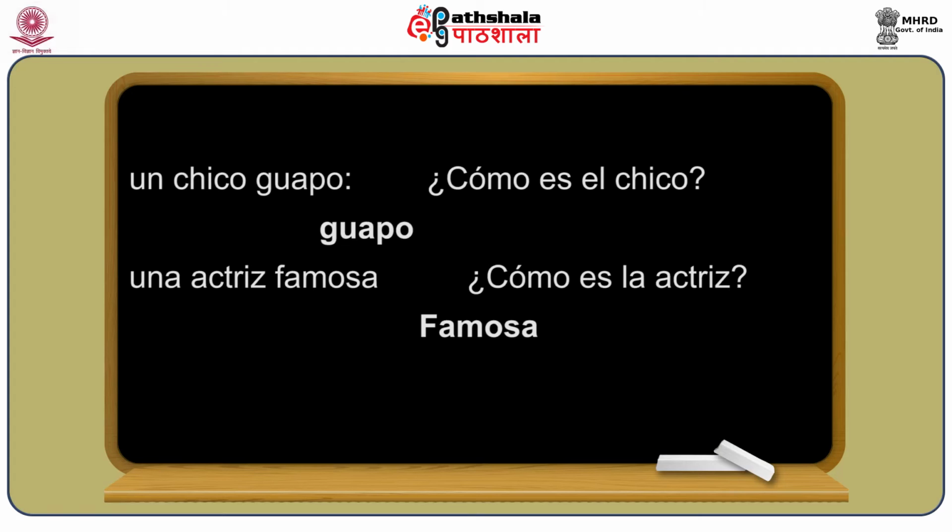So, how is the boy? The boy is handsome or guapo. Same way, una actriz famosa. Una actriz famosa means a famous actress. And how is the actress? ¿Cómo es la actriz? Es famosa. Famosa meaning famous.